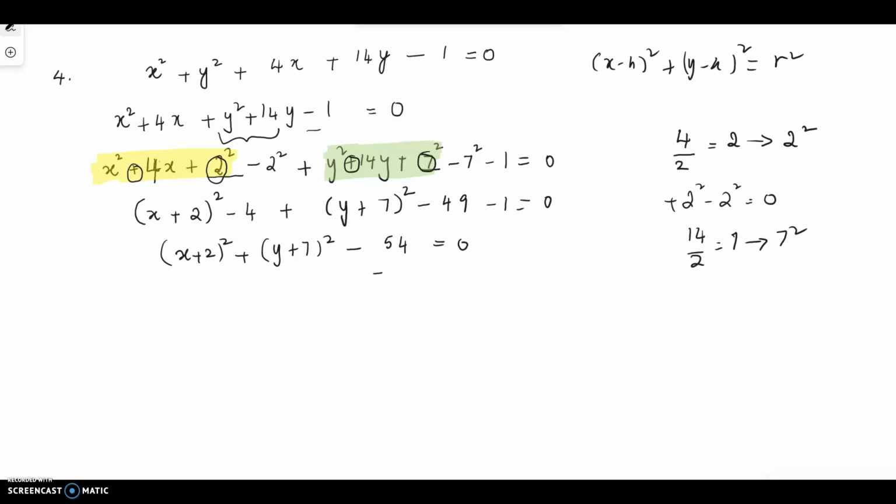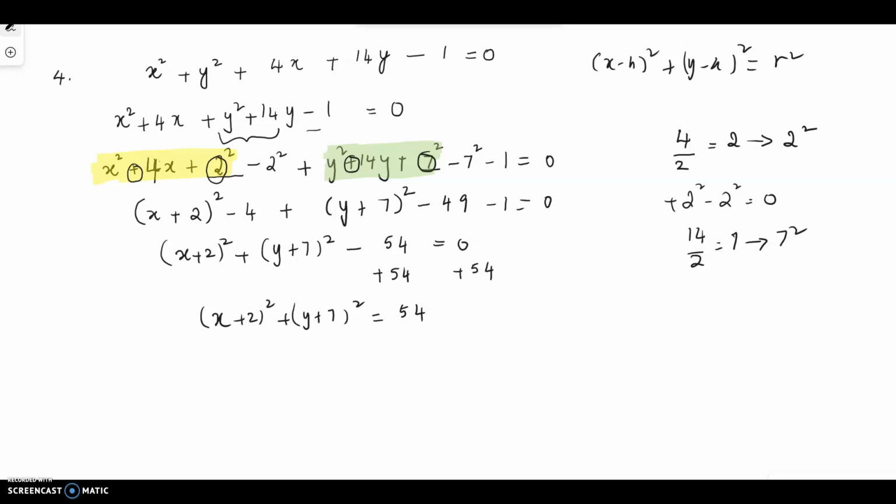Next, we add 54 on both sides. Remember, our goal is to put it in the standard form, and that's why we need to move the number to the right hand side. We have (x plus 2) squared plus (y plus 7) squared equals 54.